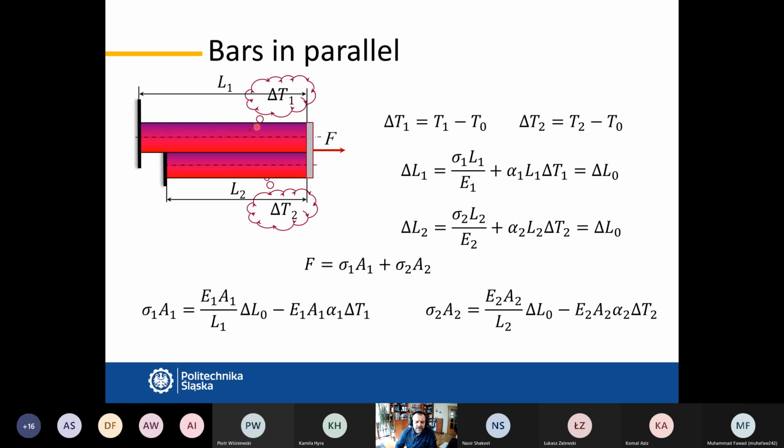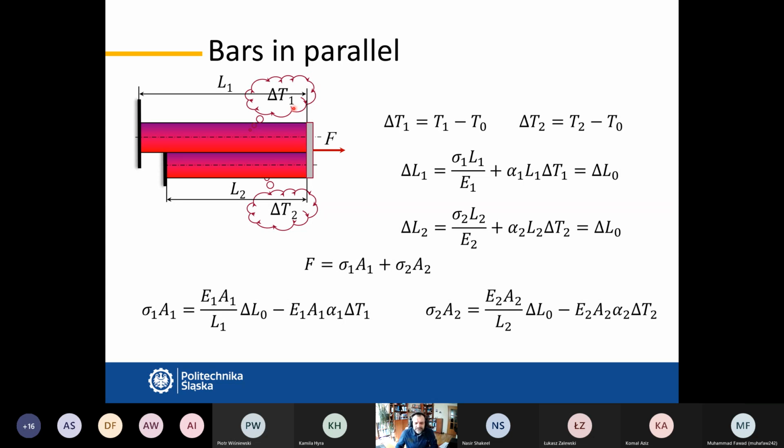Look at this. If we increase the temperature, let's say we have the same materials, the same lengths, and we change the temperature in a different manner, one of the objects will try to deform more, because it depends on the direction of the temperature change. So one of them will deform more than the other.